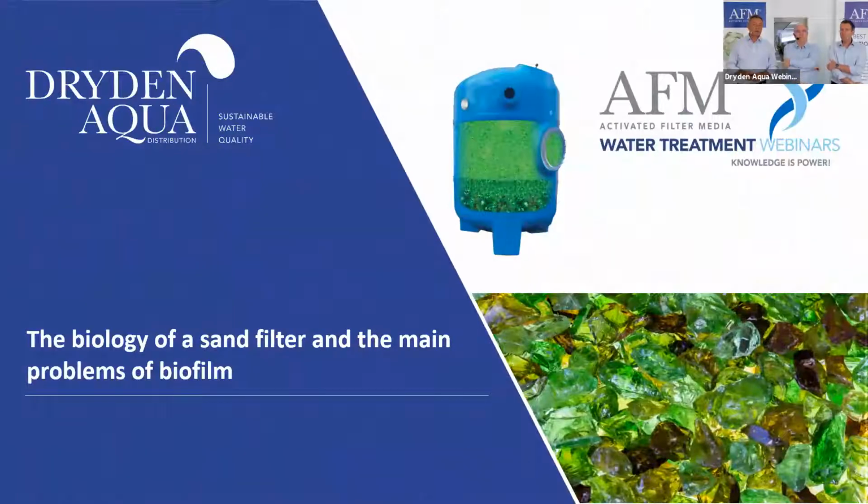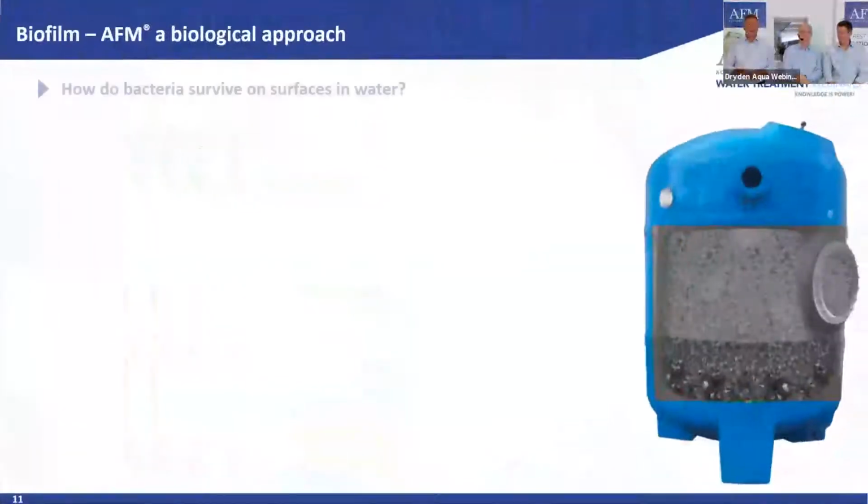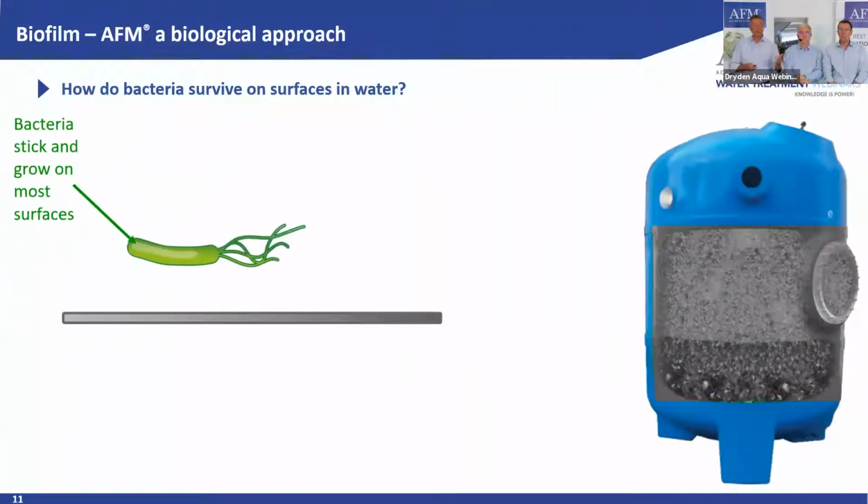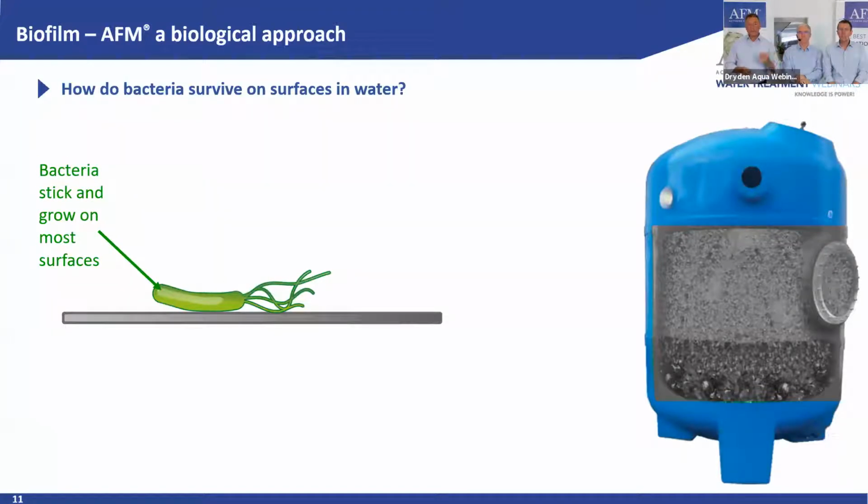Okay, let's talk about sand filters. Sand filters, as you all know, are a very good mechanical filter, but also a very good carrier for bacterial growth. In water we have bacteria, heterotrophs and autotrophs, and especially the heterotrophs try to reach a surface within seconds, because otherwise there is maybe oxidation.